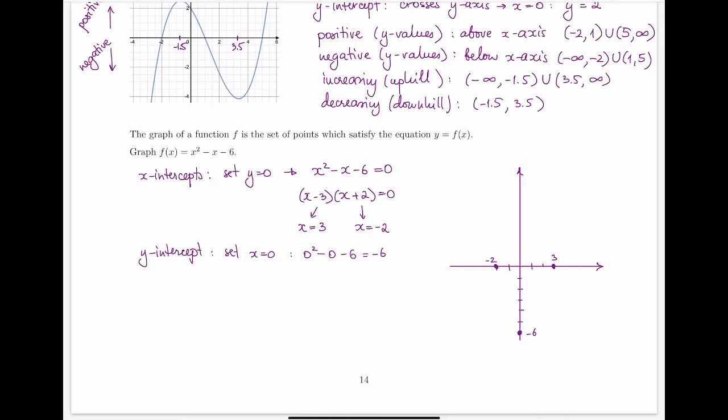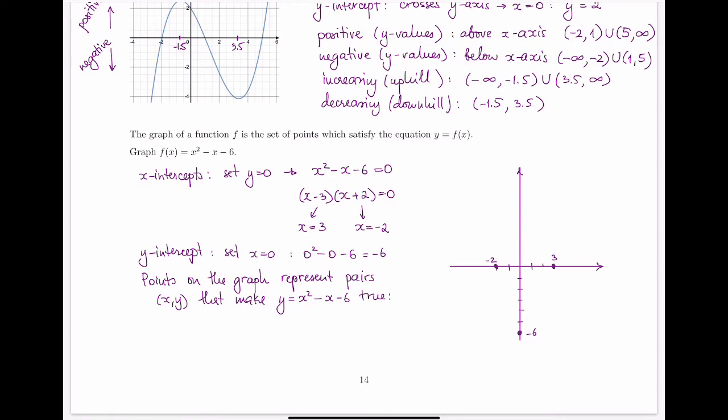Now, again, coming back to what it actually means to have a graph of a function, let me just point out once again that points on the graph represent pairs x, y that satisfy the equation of the function, so that make y equals x squared minus x minus 6 true.